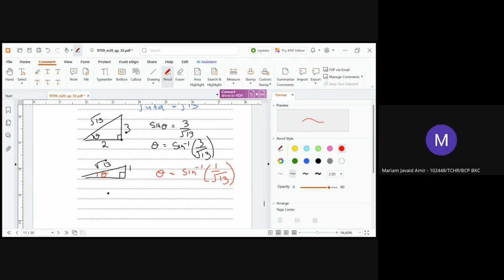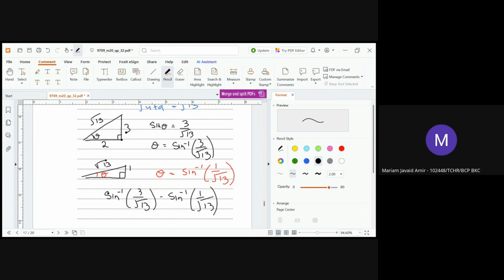So now we're going to subtract both these angles: sine inverse of 3 over root 13 minus sine inverse of 1 over root 13. I'm doing this together to avoid premature approximation. Make sure your calculator is in radians.